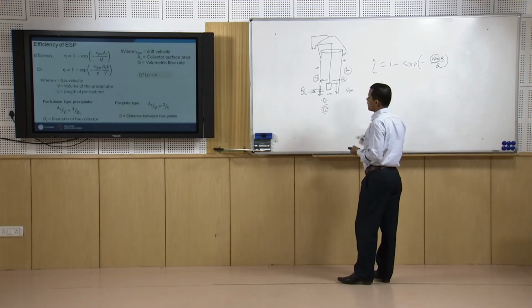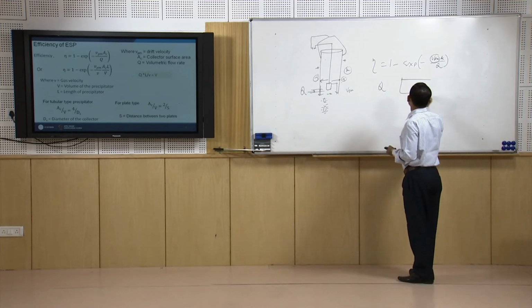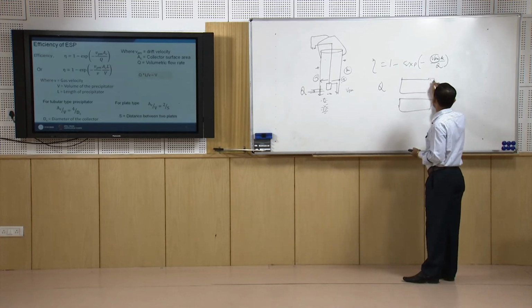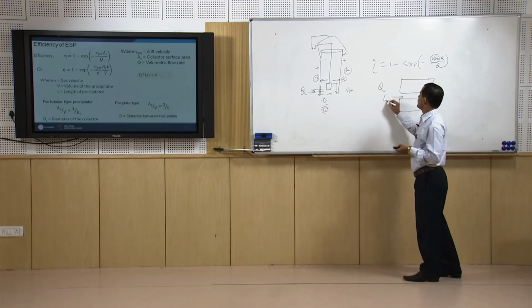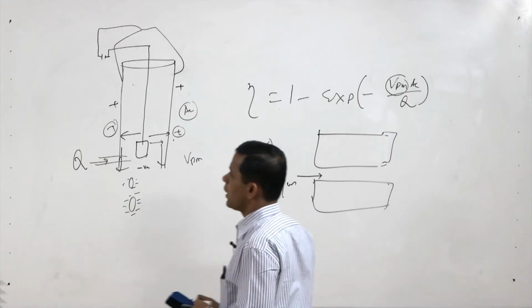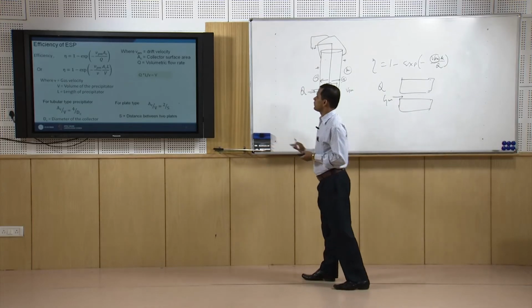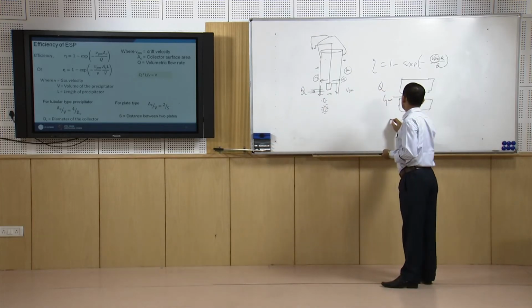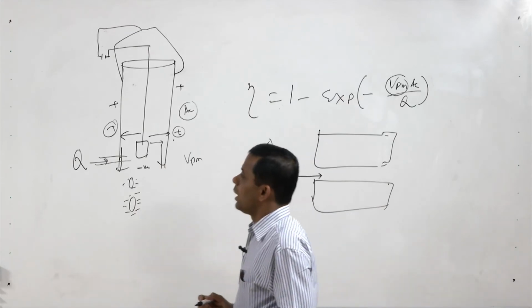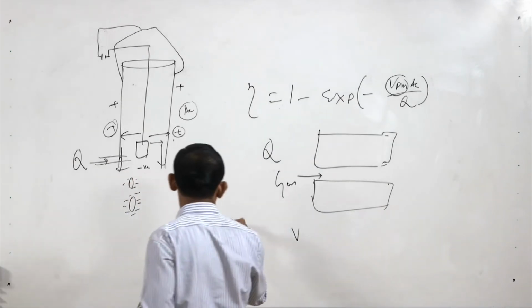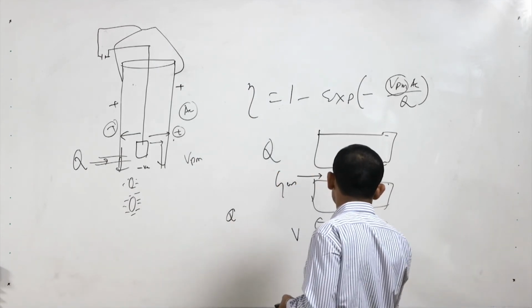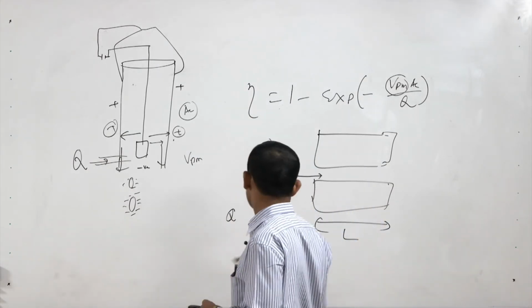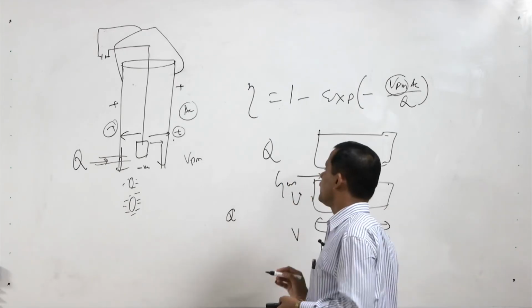Say we have two similar sized plates separated by some distance, and we send gas with particles through them. Say the volume of the precipitator is V and Q is the flow rate. L is the length, and small v is the gas velocity.